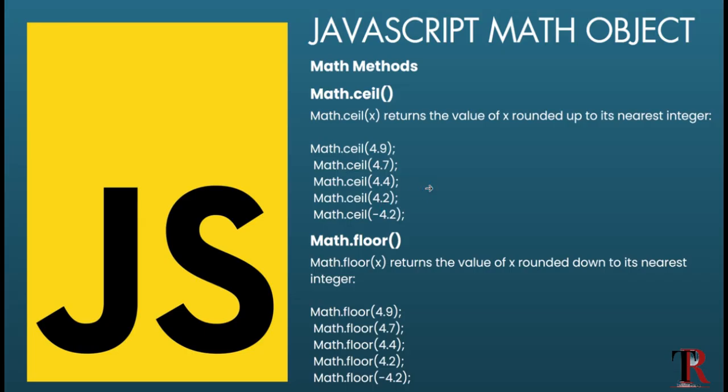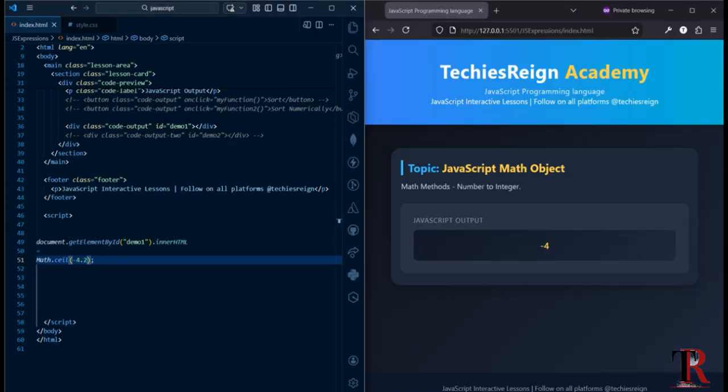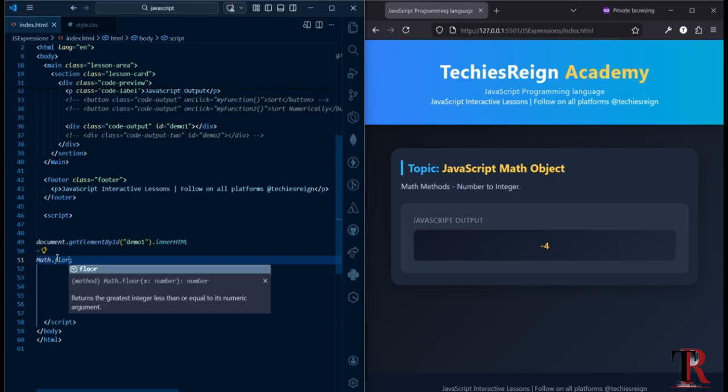So moving on from that, let's talk about the Math.floor method. Math.ceil returns the value of the number rounded up to its nearest integer, while Math.floor on its own returns the value of the number rounded down to its nearest integer. So let's change the method name and pass in the same values that we did for Math.ceil. So this is going to be Math.floor.